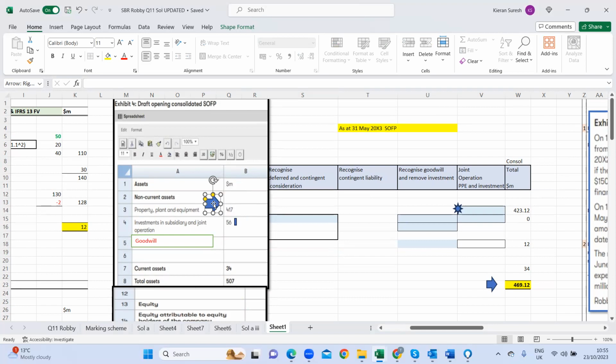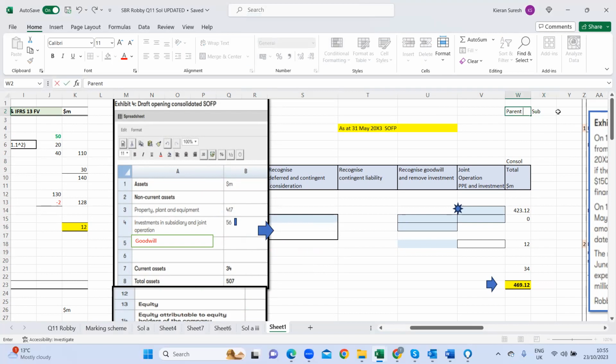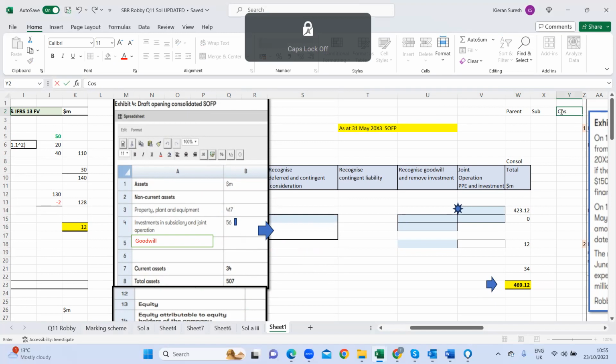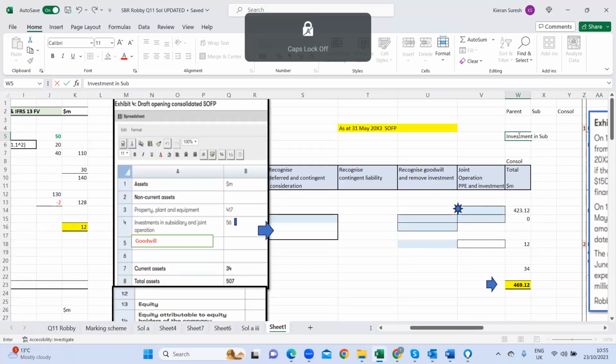When you add the subsidiary's accounts and the parent's accounts to get the consolidated balance sheet, there are certain items we have to remove, as in chapter 11. One of them is the investment that the parent has made in the subsidiary. Investment in subsidiary must be removed.